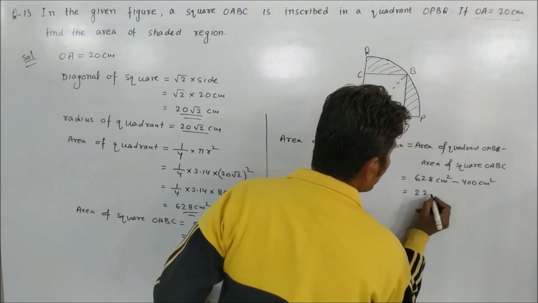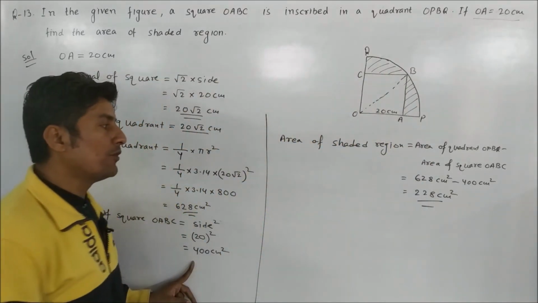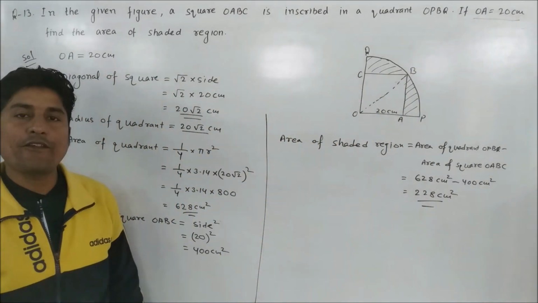So here we can write 228 centimeter square. Area of shaded region will be equals to 228 centimeter square. This is the final solution of this question.